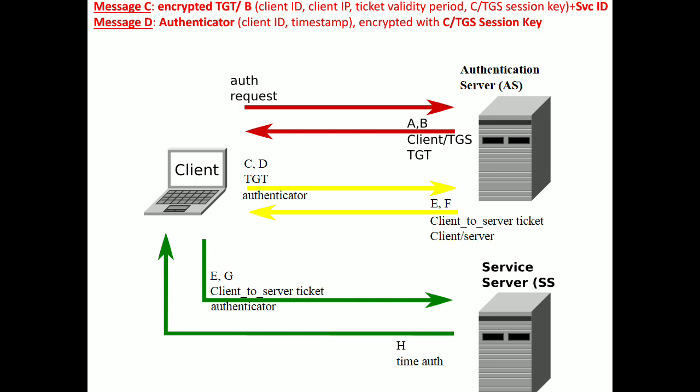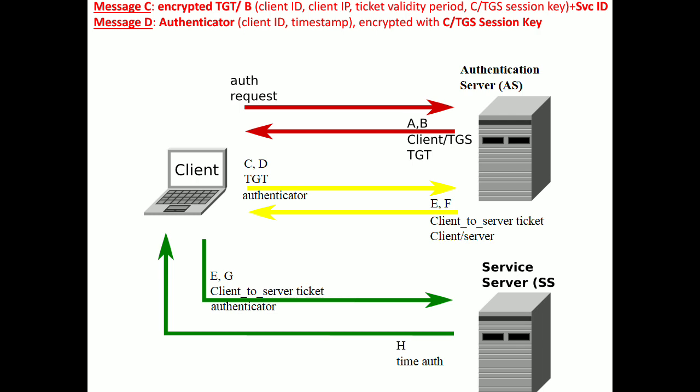Then the client sends two messages, that is message C and D. Now message C is where the client replays the same encrypted TGT with the service ID of the requested service, because now the client wants to get access to, for example, a print server.